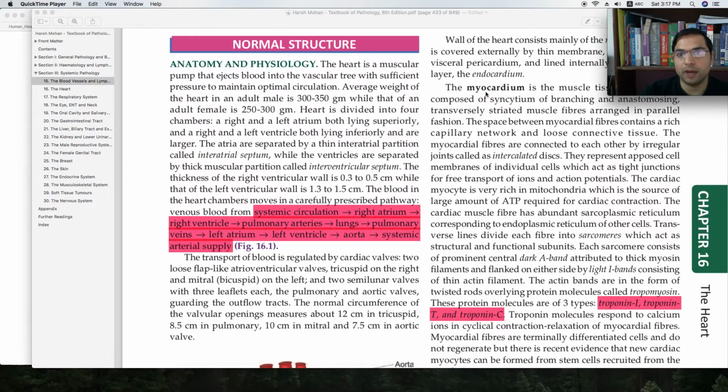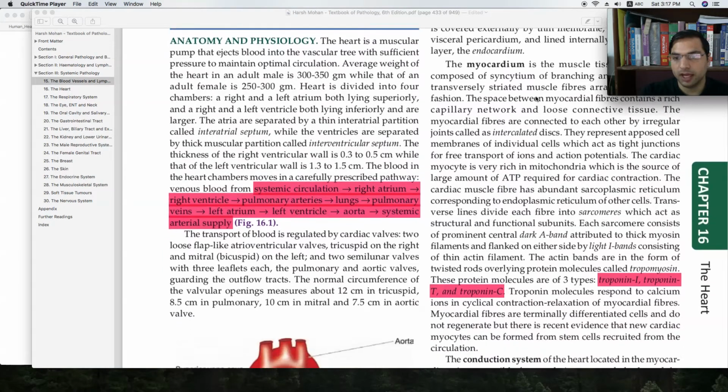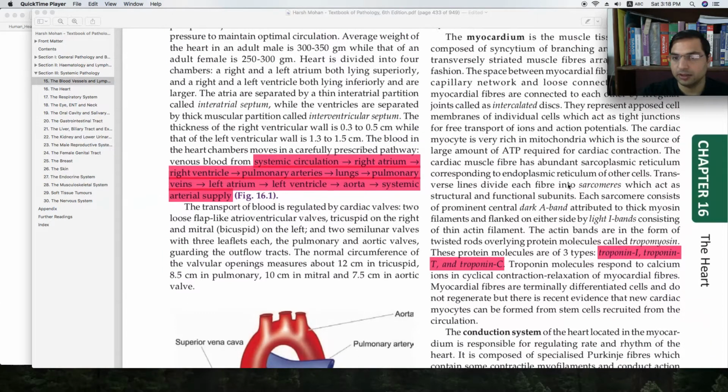Now the myocardium is the muscle tissue of the heart. It is made up of cardiac muscles, and these cardiac muscles have similar sarcomeres and similar bands, dark A band, light I band, right, which are responsible for the contraction of the muscles.